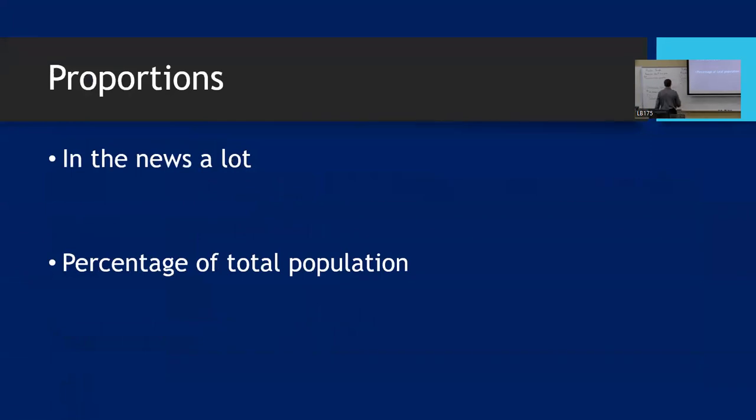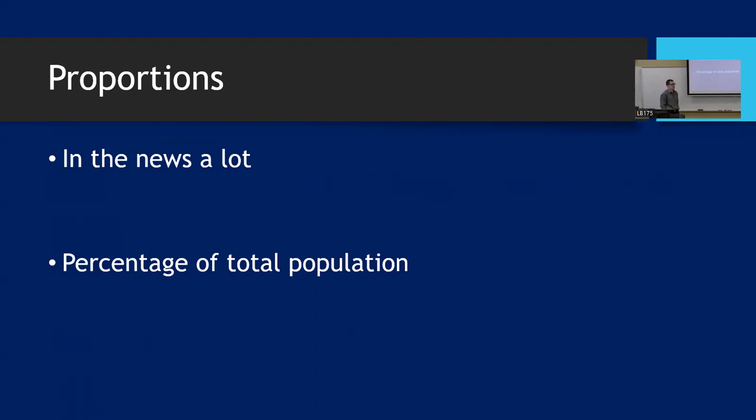Now, the other thing that we're going to look at in this unit, other than statistics, is proportions. So we're going to look at proportions in the next chapter fairly in depth, but I wanted to at least mention them right up front and what a proportion is in case I use that term later. Proportion is just a percentage of the total population. And usually we don't write it as a percentage, but usually we write it as a decimal rather than a percentage.